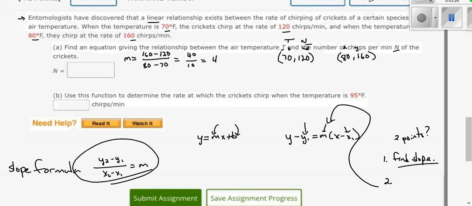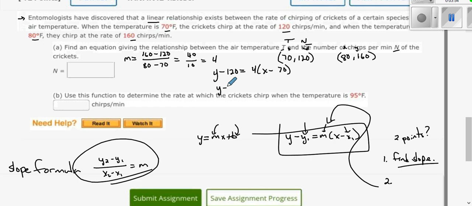That's the slope. Okay. Now I'm going to write my equation, right? By using this thing right here. So y minus, and it really doesn't matter which one of these I pick. I'm going to pick the first one. Y minus y1 equals the slope I just found, x minus x1.